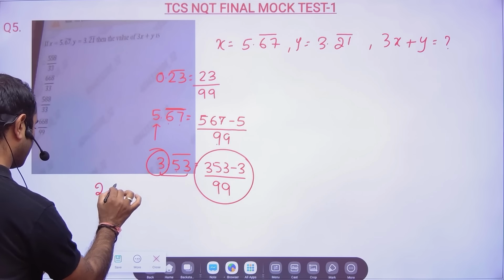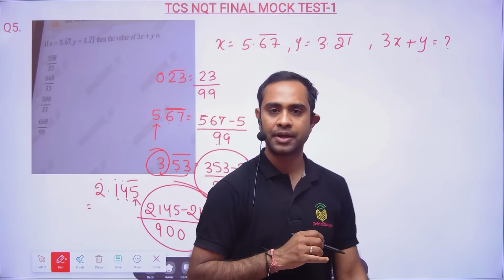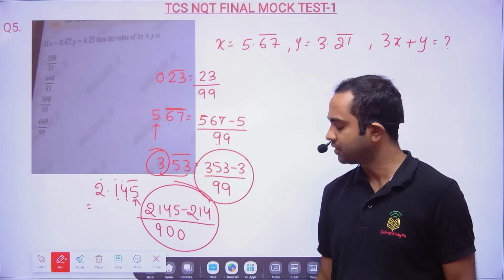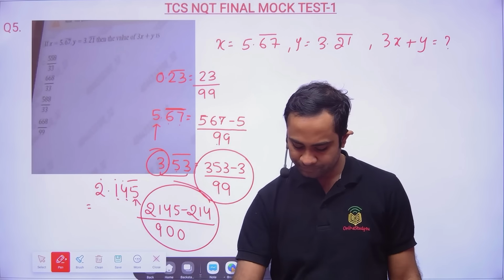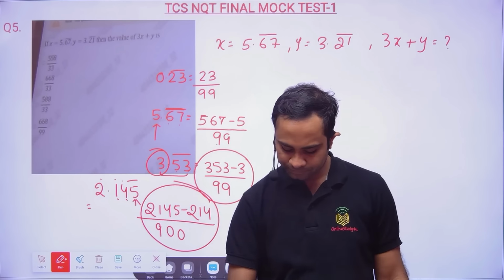So 2145 minus 214, divided by 9, since only one number has the bar. After decimal, how many digits are there? 2. So it will be 2145 minus 214 divided by 900. Is it clear for everyone?